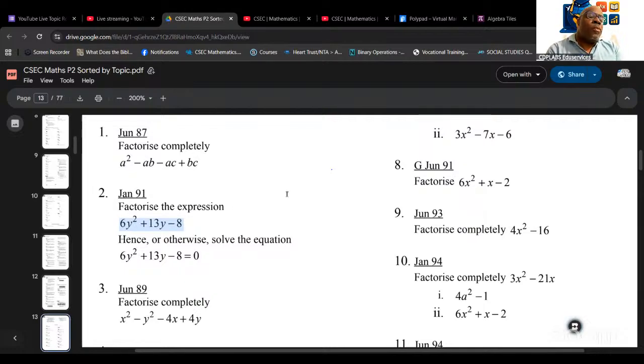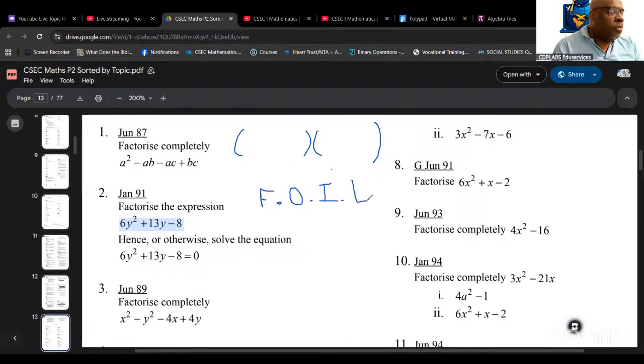Now, there's a trick to this. Some of you might have learned another method, but I'm going to show you something. There's a method we'll call FOIL. Not foil paper, but the acronym FOIL. Some people use it to do the distributive property of multiplication, but you can also use it in factorization.